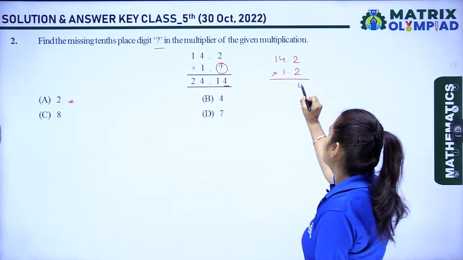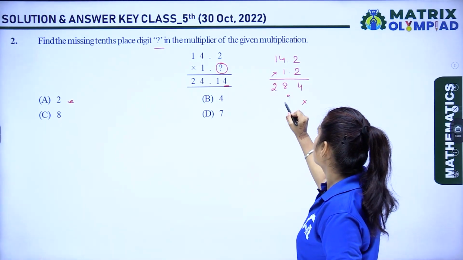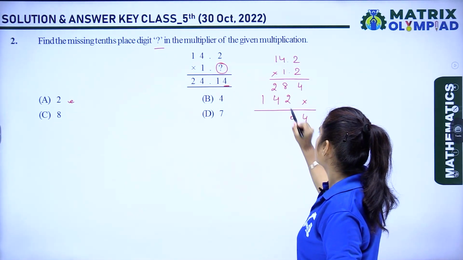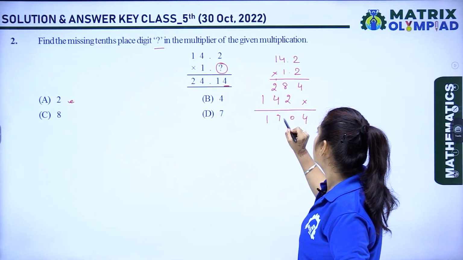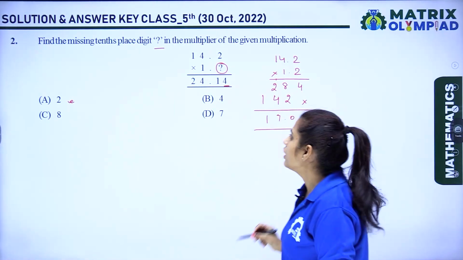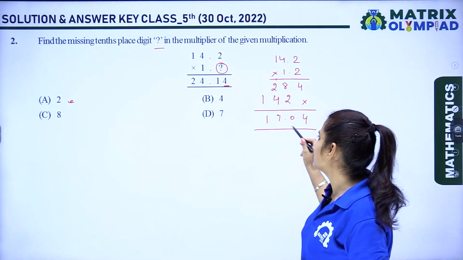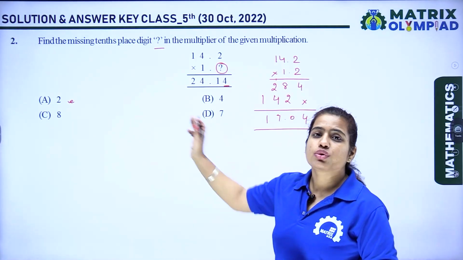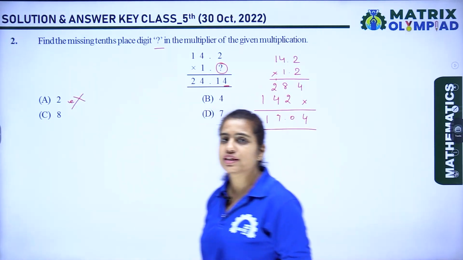Here 2 times 2 is 4, 2 times 4 is 8, then 2 multiply 2, 4 and here 1, 4, 10, 7, 1. So the answer will be 17.04. So here, by checking with the question, we get the answer 17.04. That is not the correct answer according to the question. So we are not going to apply this option A here. So option A is cancelled out.